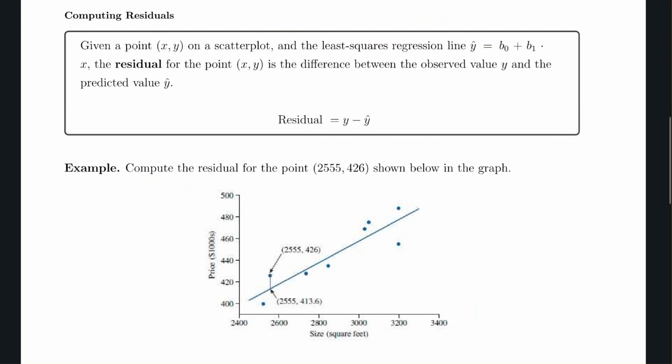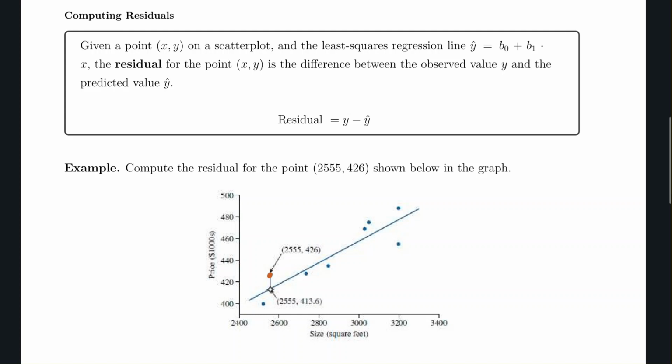So our next topic is that of residuals. Whenever we talk about residuals, we have a scatter plot given, we have a least squares regression line calculated and graphed, and if we're asked to find the residual, that is the difference between the actual value and the predicted value. So what you can see here in this graph is for the x value here, this is the actual value that I'm shading currently.